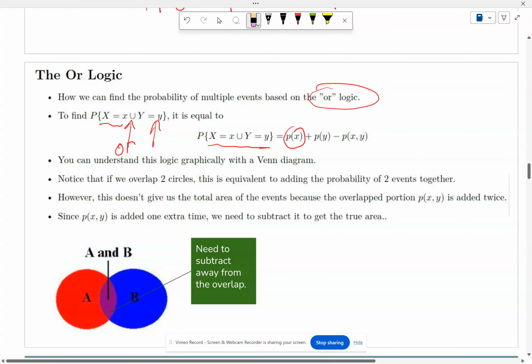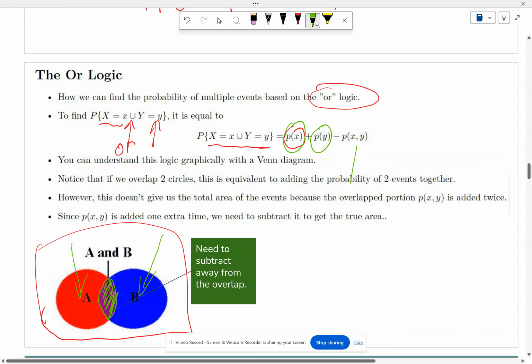Out of the whole probability, x or y would be this entire area. Therefore, if you just add up A, add up B, there's a minor overlap because when you put one on top of the other, the overlap is counted twice, right? So we subtract away the overlap. It's the probability of x plus the probability of y, subtracting the overlap area, which is right here. So the logic for how to find 'or' is pretty simple. That's how you can find x or y.